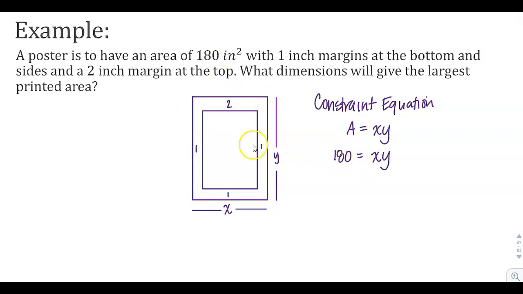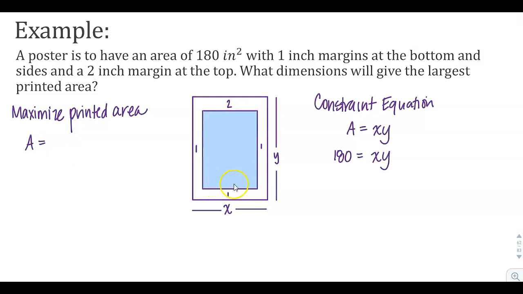And now let's go ahead and talk about what exactly it is we're trying to maximize or minimize. So what dimensions will give the largest printed area? So we are trying to maximize something, largest, the area of this inside region here. Alright, so maximize the printed area. I'm going to call this function A, and I need to go ahead and find the base and the height to find the area.